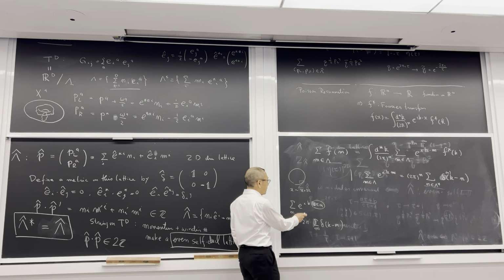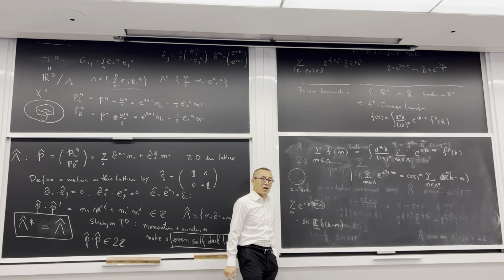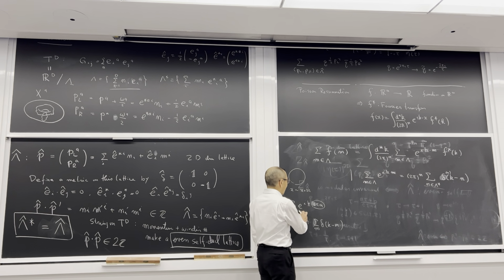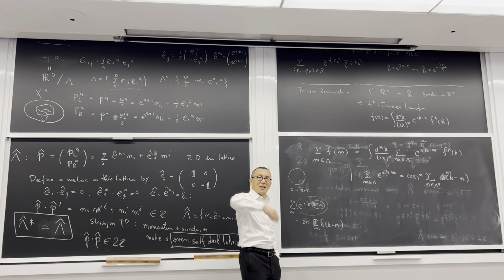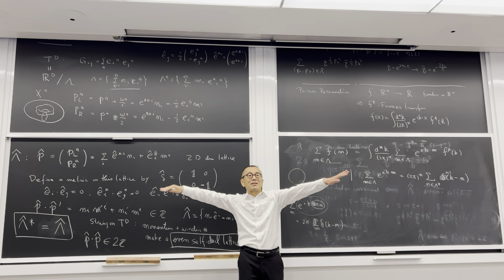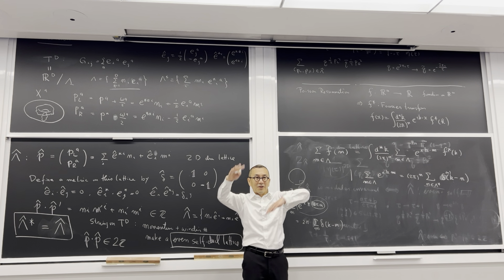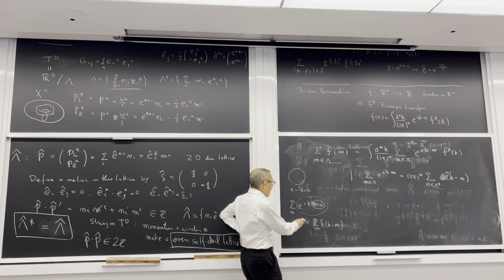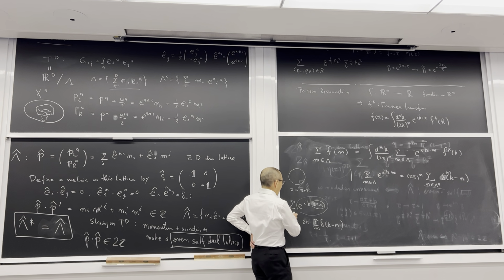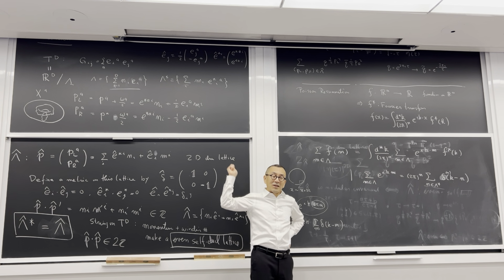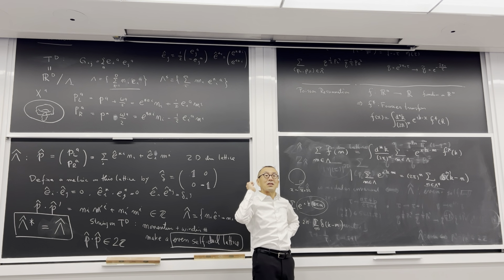The reason is that if k is not an integer, this oscillates as you sum over n, and basically it becomes 0 because the phases cancel with each other. But if k happens to be an integer, then for all n this summation is 1. So you're summing 1 from minus infinity to plus infinity, and this gives you infinity.